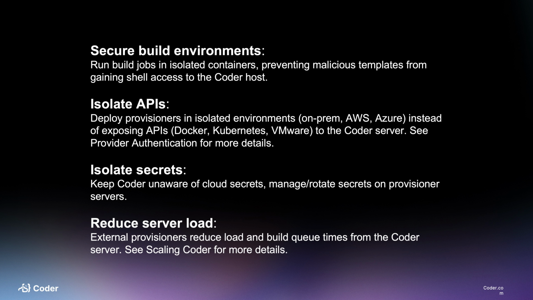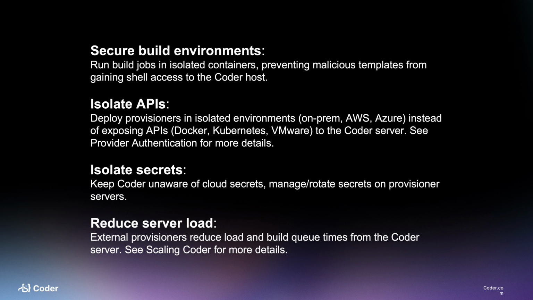The third is very similar, which lets you isolate secrets, meaning the Coder server doesn't necessarily need a token to access the Kubernetes API, for example. It doesn't need access to another cloud. All those things are just given to each individual provisioner on the cloud. And the fourth, which is also pretty important, is it reduces server load.